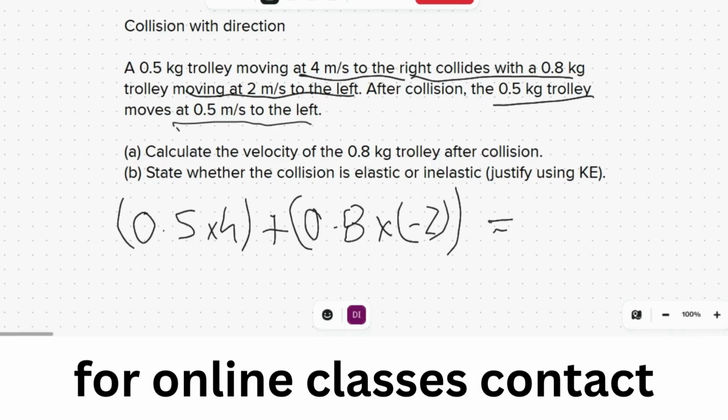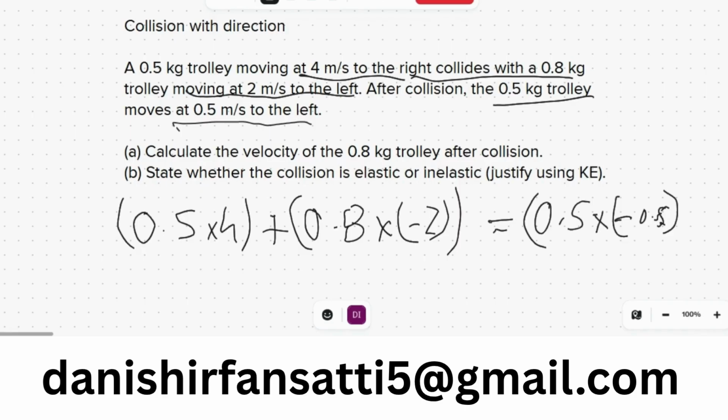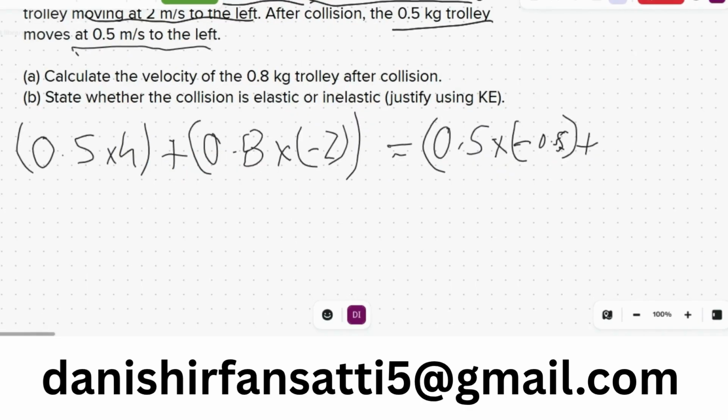So we know that after the collision the trolley has the same mass, that is 0.5, but its velocity now is minus 0.5, plus 0.8 v2.